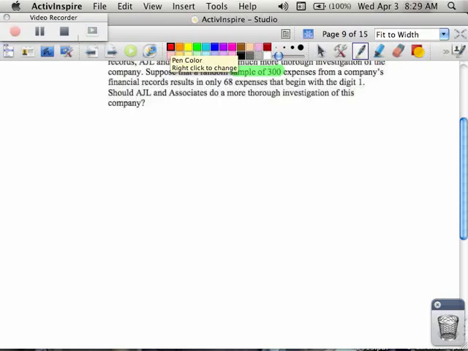So in this case, this is saying that my null hypothesis in the stating part is that my proportion is supposed to be 0.301. That's what's going on. Our alternative then, in this particular case, is that we want to know if that's not true. So we say not equal to 0.301.